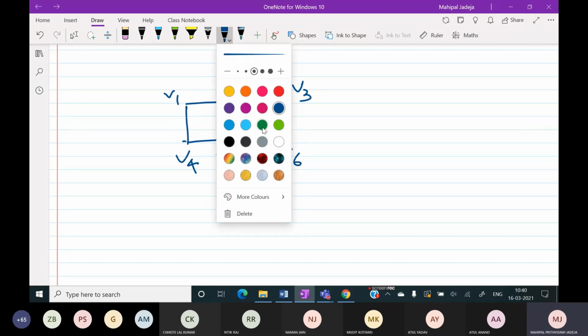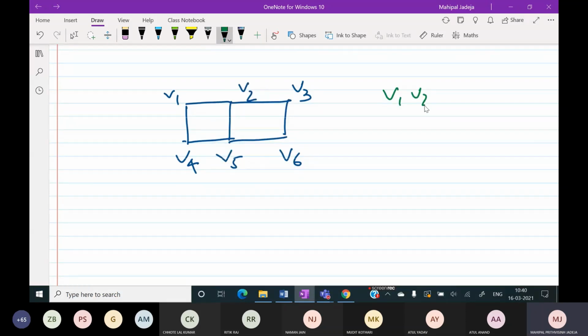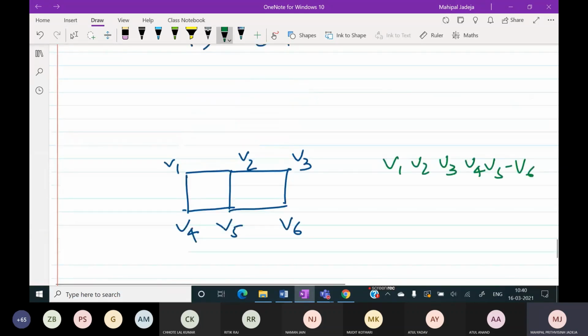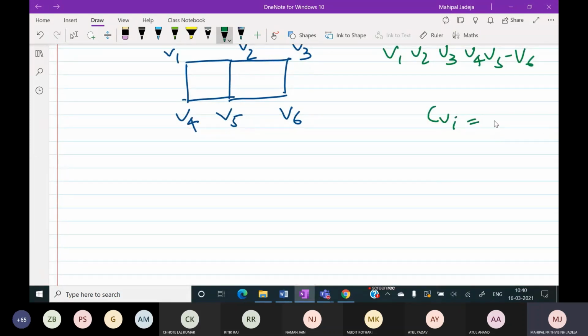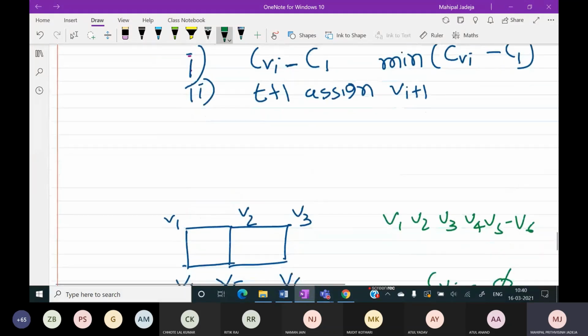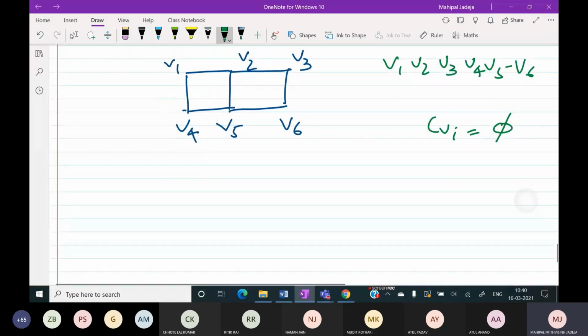In the first iteration, I don't have any choice, because so far there is no set. We need to talk about two sets. The first set is CVI, which is nothing but the colors you have used so far. This will be empty in the very first iteration. Then we also talk about the color set of neighbors of the underlying vertex, which is CV1 in this case.